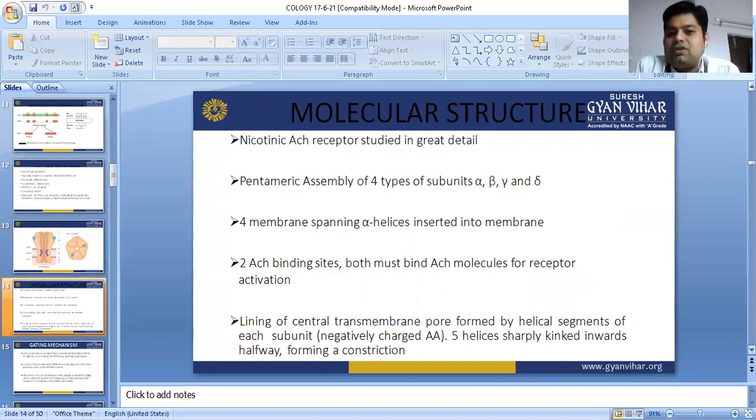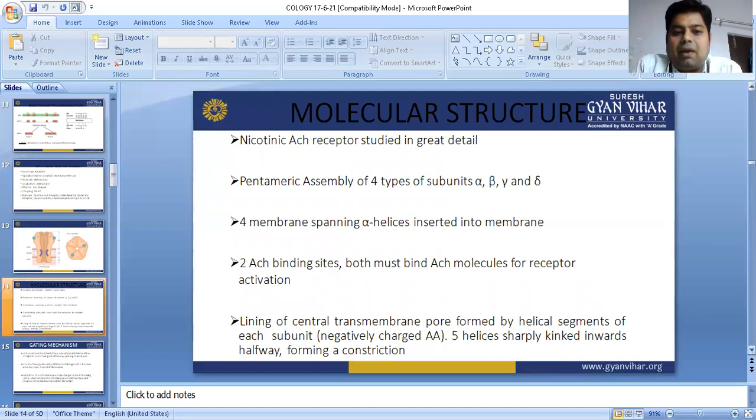This question has also been asked in exams: of all the receptors, which one has a pentameric structure? The answer is the ligand gated ion channel. Next, 4 membrane spanning alpha helices inserted into the membrane.